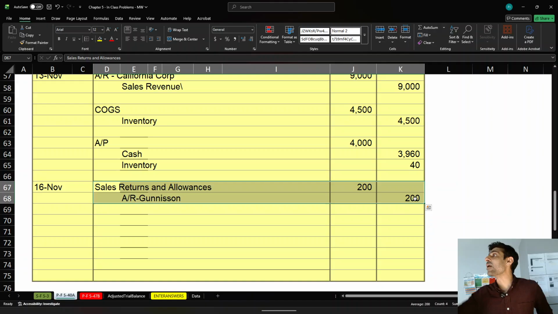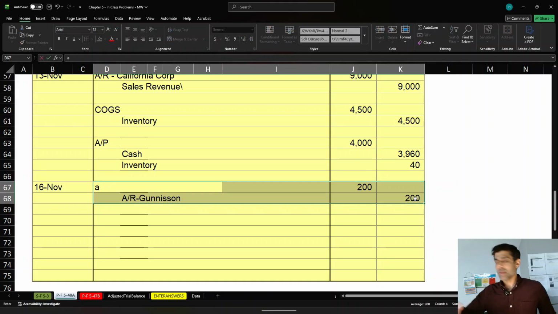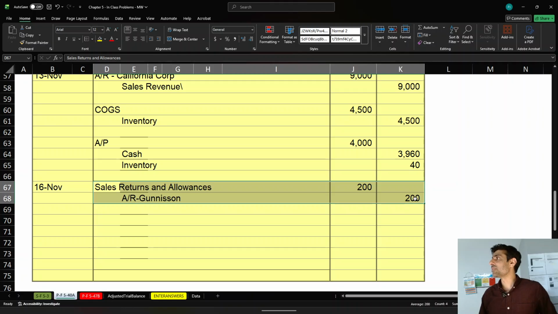That's the difference in a sales transaction between returns and allowances. With allowances, since you're not getting the physical item back, it's a loss. I already expensed it because it's like kind of left inventory and it's not coming back in this transaction because it was just an allowance. So that cost of goods sold that I originally recorded is correct. Okay, I don't need to adjust it at all.